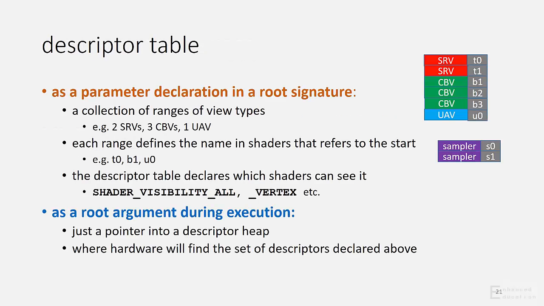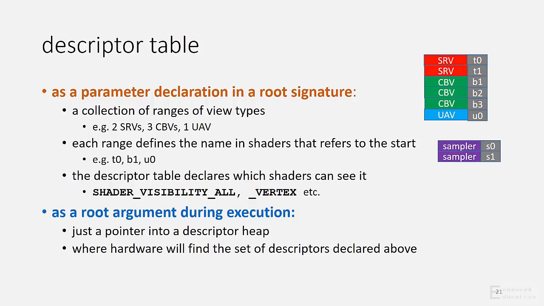A descriptor table declaration in a root signature is a set of ranges of descriptors along with, for each range of descriptors, the HLSL bind name for the start of the range. The set of descriptors in a range defines a contiguous set of bind names. Also not shown in these diagrams is an additional parameter in the descriptor table declaration, which is the shader visibility, that declares which shader stages can see the bindings defined in the descriptor table.